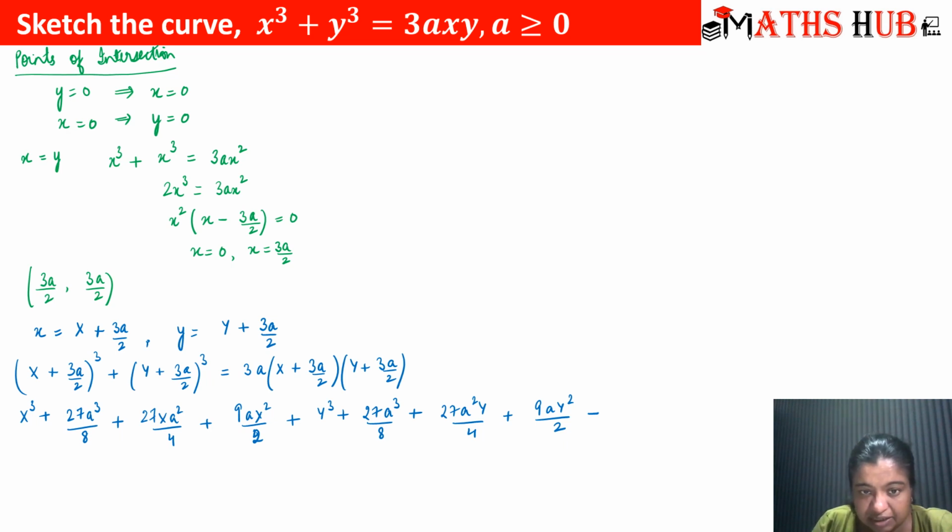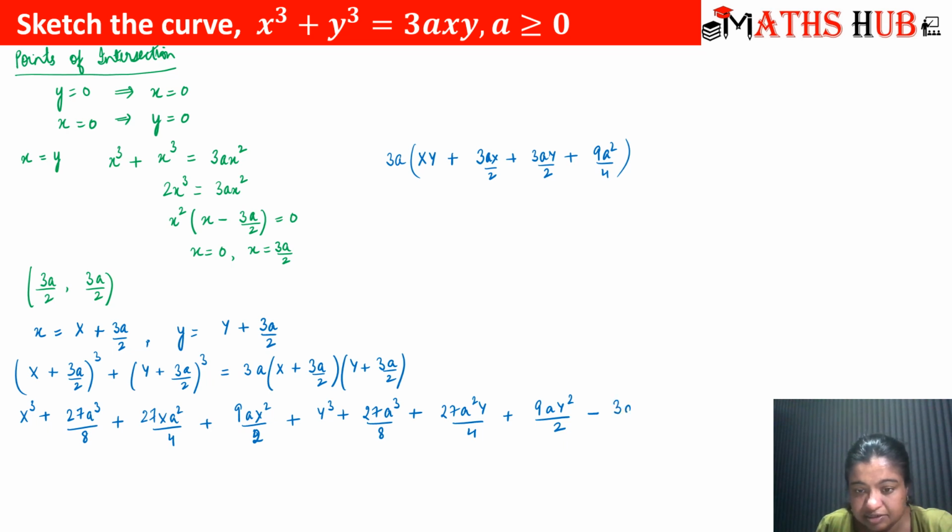So this bracket term is basically x into y plus 3a x by 2 plus 3a y by 2 plus 9a square by 4. Let's multiply it with 3a and bring it on the left hand side.